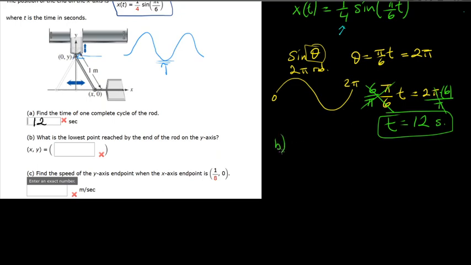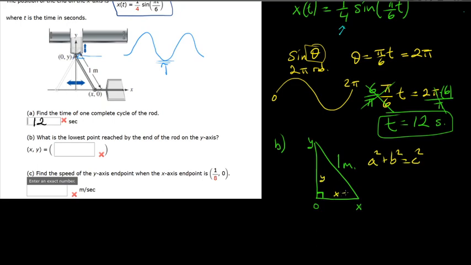Well, one way to do that is to notice that the rod looks like this. We know that this is 1 meter long. This is x, this is 0 here, and this is y. Because the vertical and the horizontal are perpendicular, this is a right triangle. So if this is x, this is y, we can use the Pythagorean theorem, a squared plus b squared equals c squared.